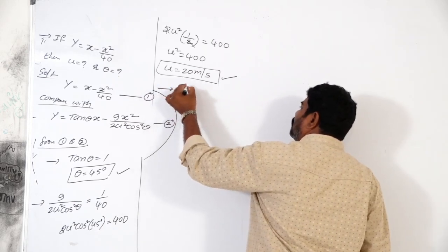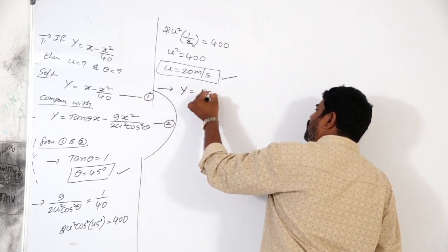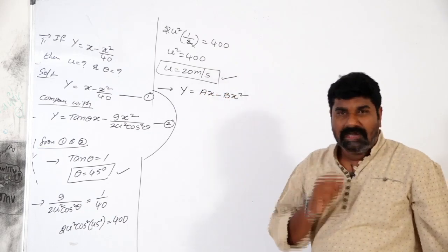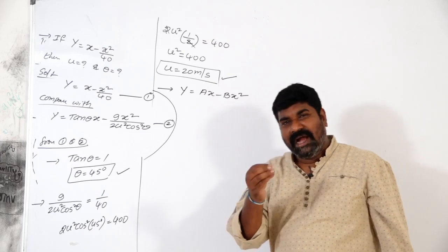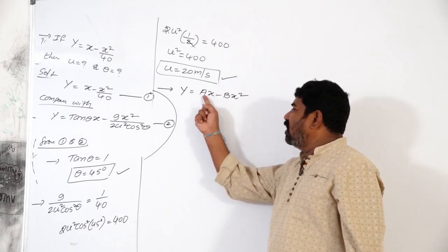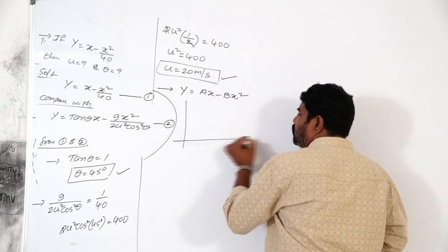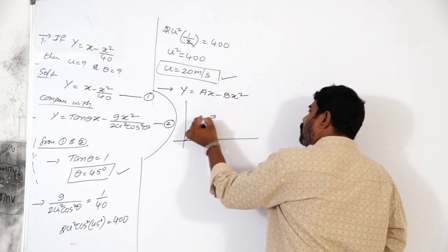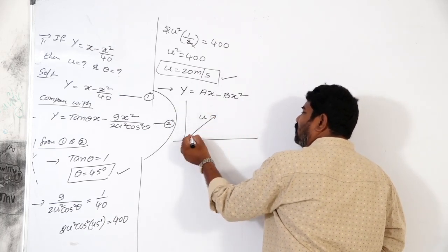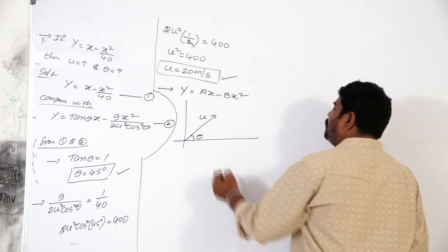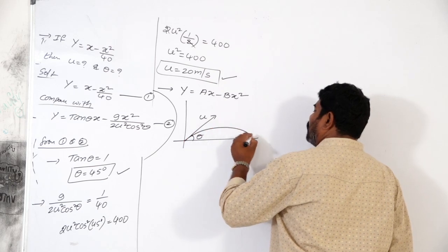First of all, y is equal to, we know that, a x minus b x square. Now we want to find range and maximum height formulas in terms of a and b. Here we know that in projectile motion, if a body is projected with initial velocity u at an angle theta, then it reaches the same plane.